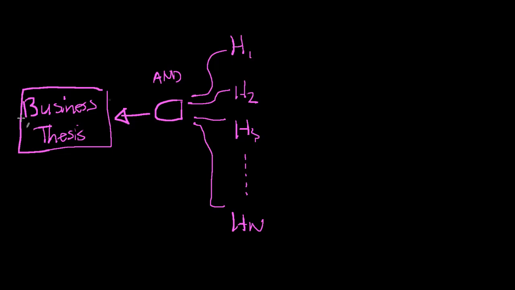So what you want to do is break this business thesis, this total money-making idea, into a set of hypotheses that can be testable. That way, you can then, in a structured manner, test each of these one by one. And as each of these are proven true, you gradually increase your confidence that this business thesis has legs, and then you quit your day job and go after it.